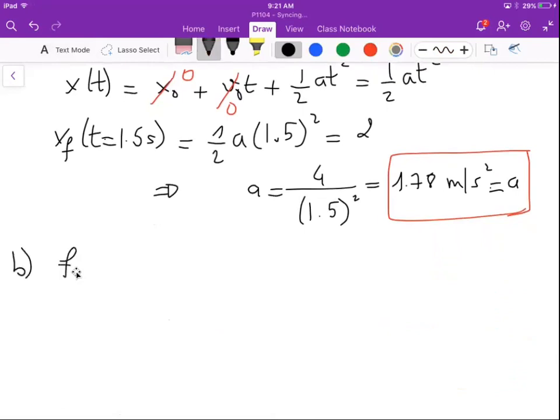So we know that the kinetic friction force Fk is equal to mu k times n. Okay, so from here, this is the only way to access mu k. Mu k is equal to Fk divided by the normal n. We don't know what is Fk and we don't know what is n. So we have to get the expressions of both Fk, the friction force, and n, the normal.